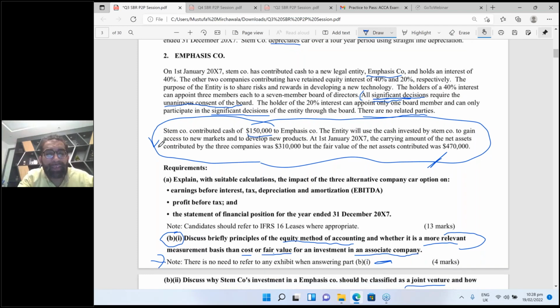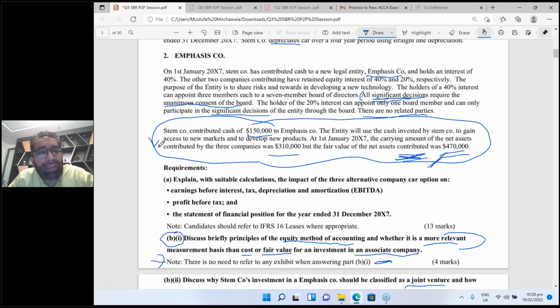At 1st January X7, the carrying amount of the net asset contributed by the three companies was 310, but the fair value of the net asset contributed was 470. That means we got a company with a fair value of 470,000, and our share is 40%.